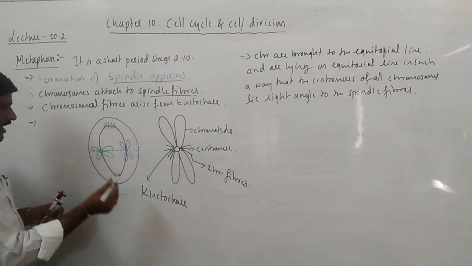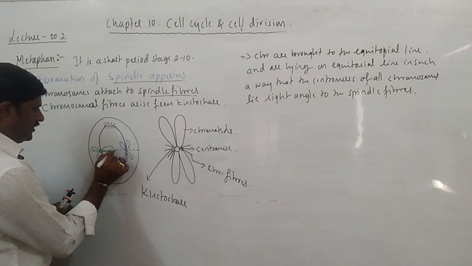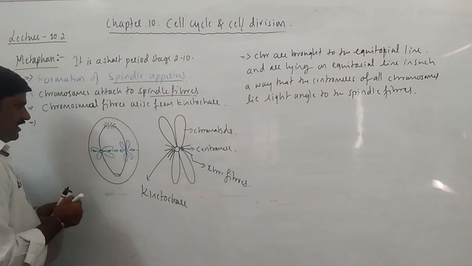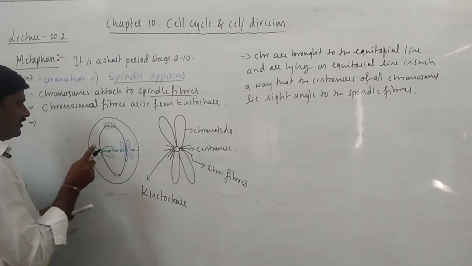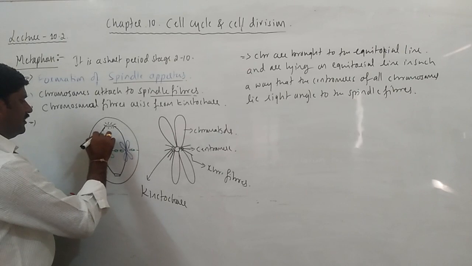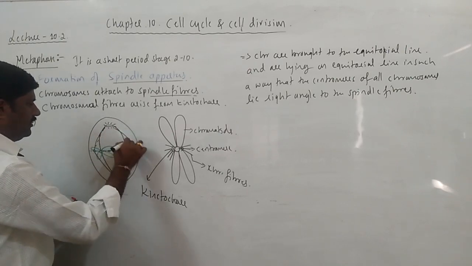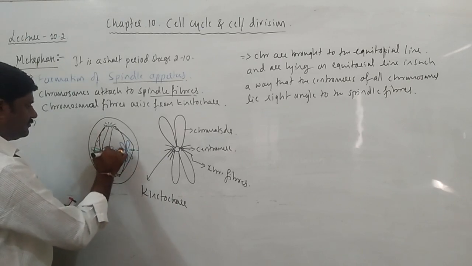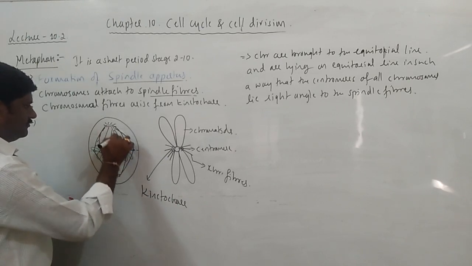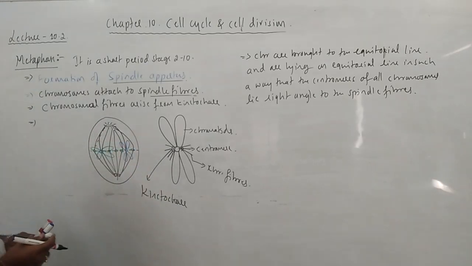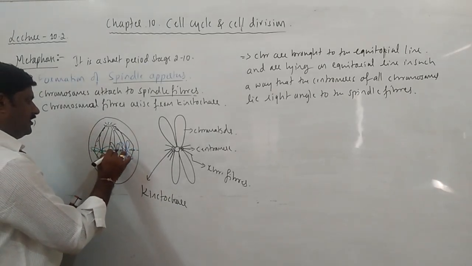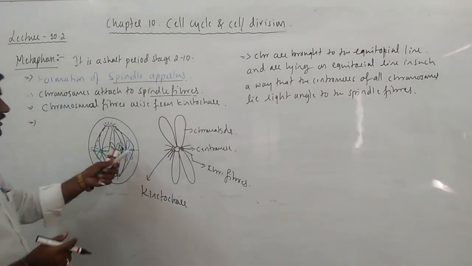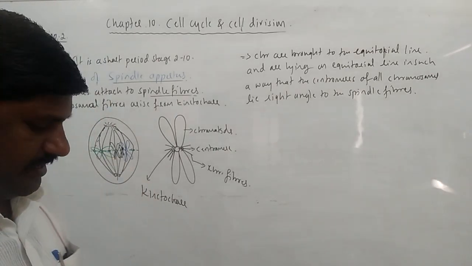So this is another centromere, another centromere, another centromere. All the centromeres of the chromosomes are attached to the spindle fibers like this. These are all spindle fibers, to which the attachment of chromosomes takes place over here. Like this, all are lying in the equatorial line.